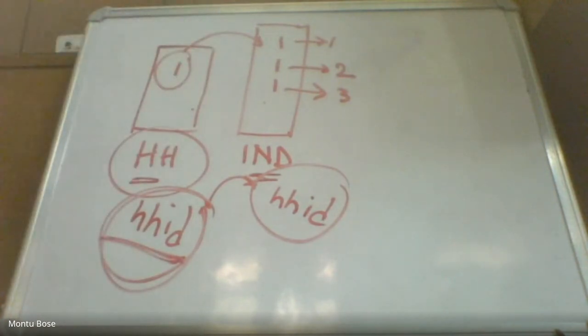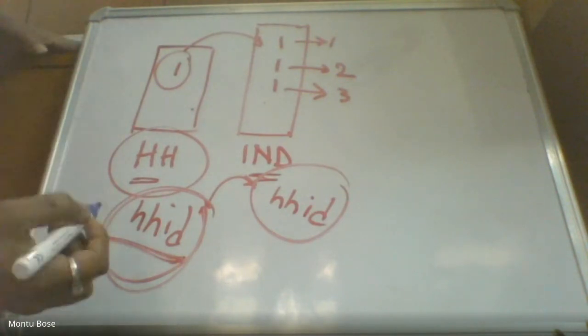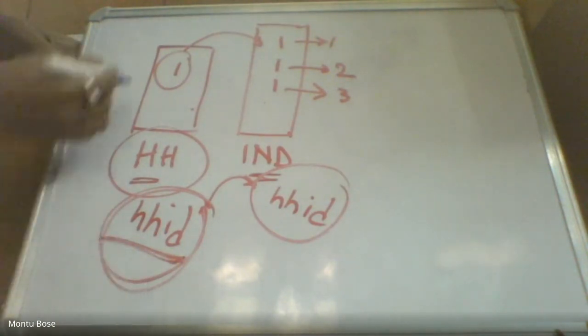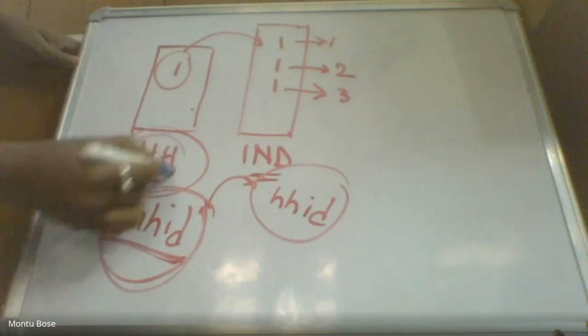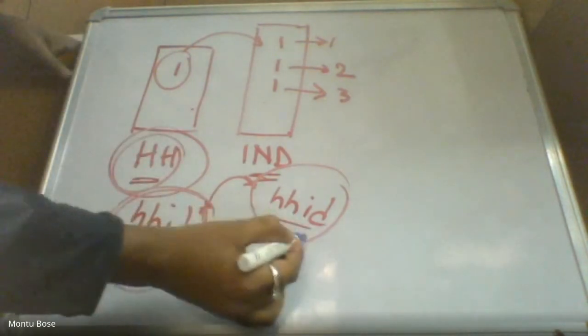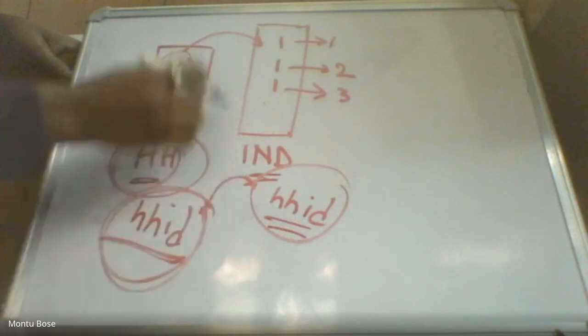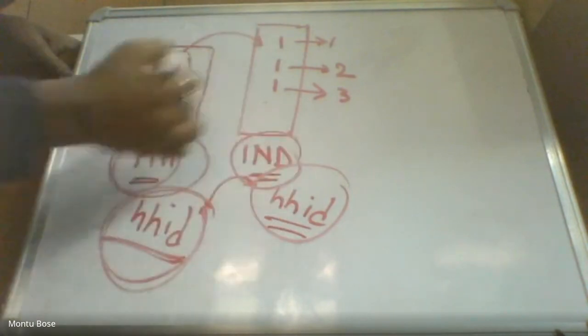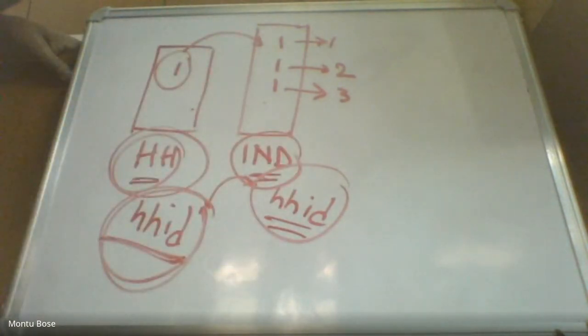One more thing before going into Stata: this household ID would be unique in the household level record, but it would be repeated in the individual level data. Now we would start merging.